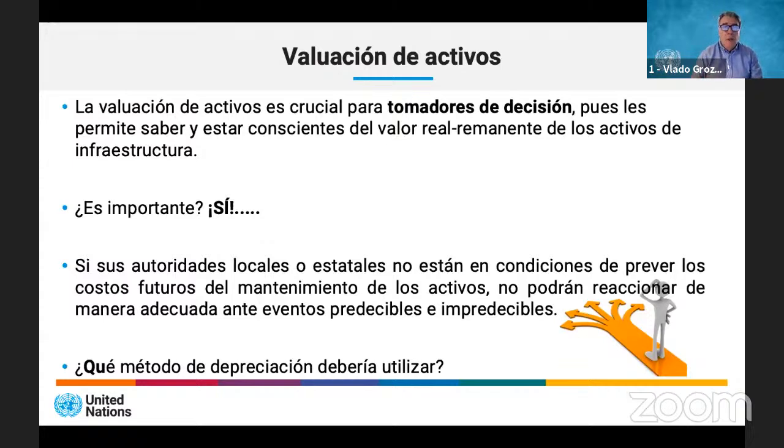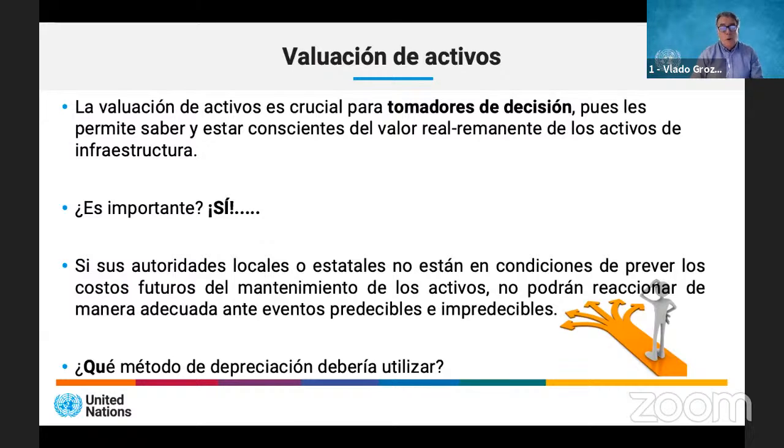Is it important to estimate the value of the asset? It is, very much. Why? To determine the real remaining value of the infrastructure. Remaining, not the past. We have to know the current real value and the future as asset managers.